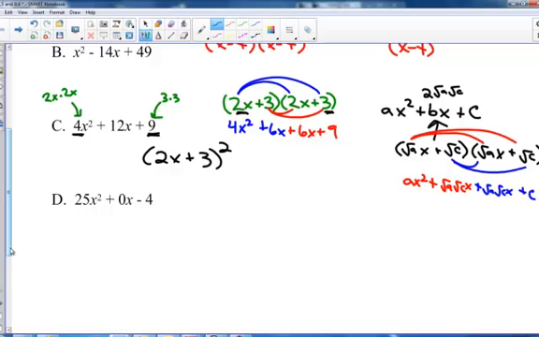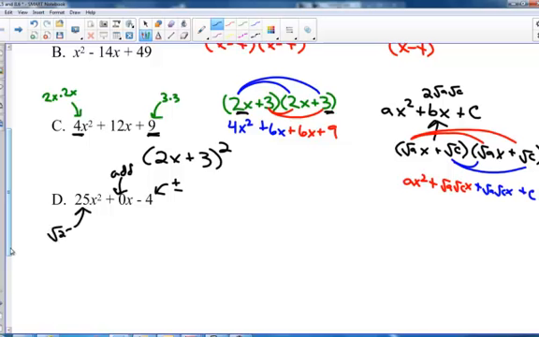If you look at the next one, the middle term is 0, so it has to add to give you 0, and the back term is negative 4. That means it's going to be 1 positive and 1 negative. That's how you add to get 0. Now, the square root of the first term is 5, so 5x plus 2, 5x minus 2.